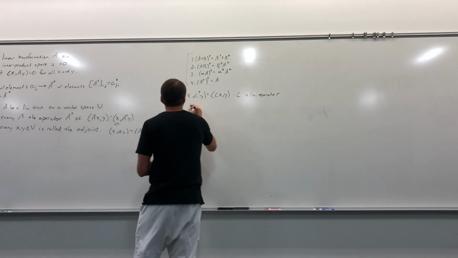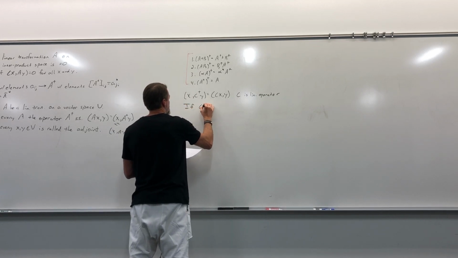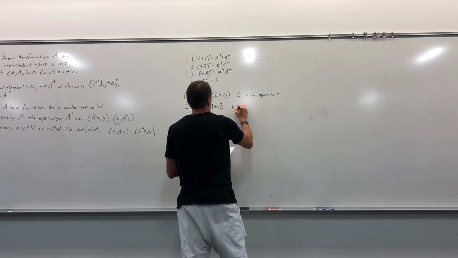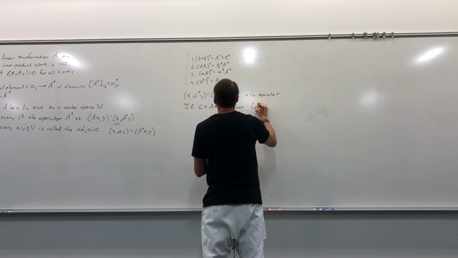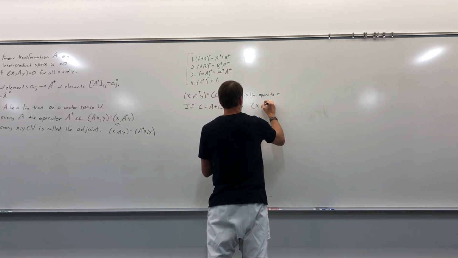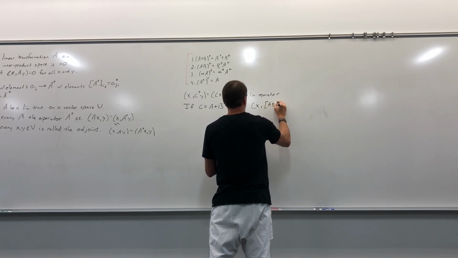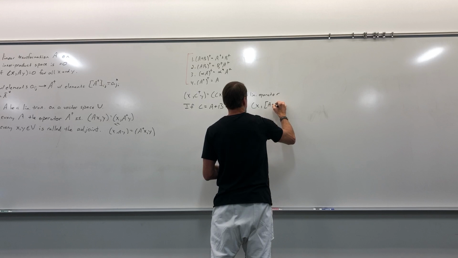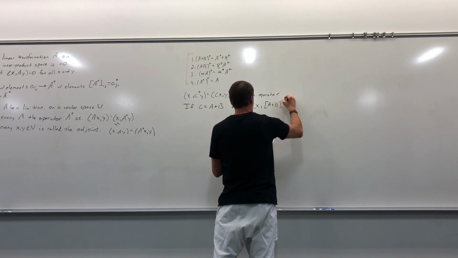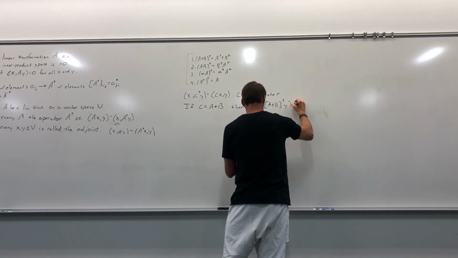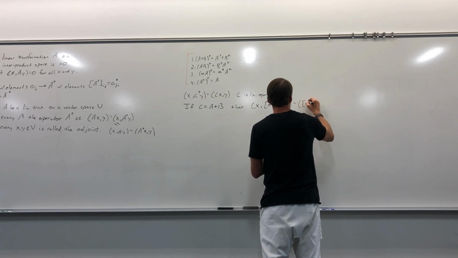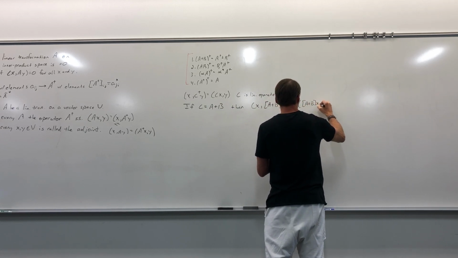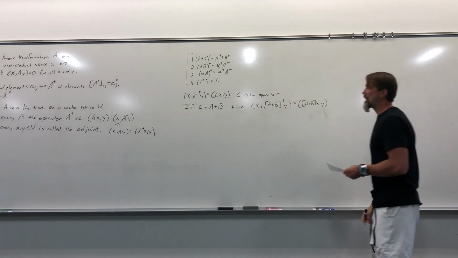Now, if C equals A plus B, then we have the inner product of x with (A plus B) dagger y equals the inner product of (A plus B) acting on x with y.